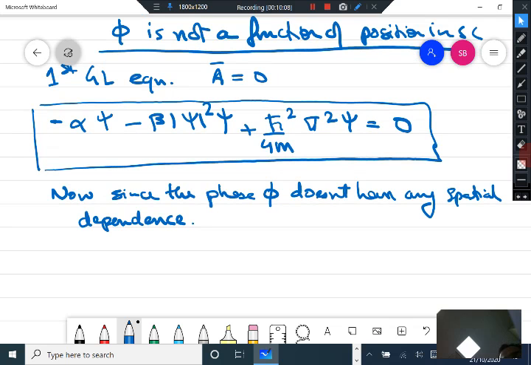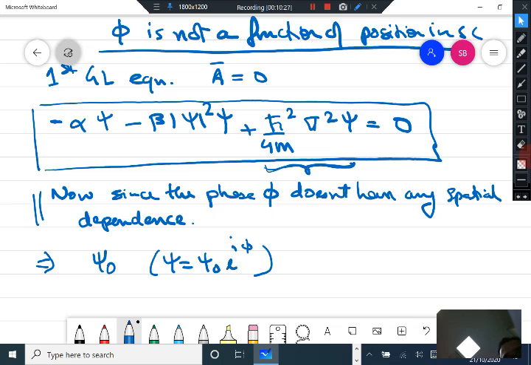Okay, so the spatial dependence will be in psi naught because there is this term. So there is going to be some spatial dependence of psi. So because this phase does not have any spatial dependence, it implies that in psi equal to psi naught e raised to i phi, it is psi naught which has some spatial dependence.